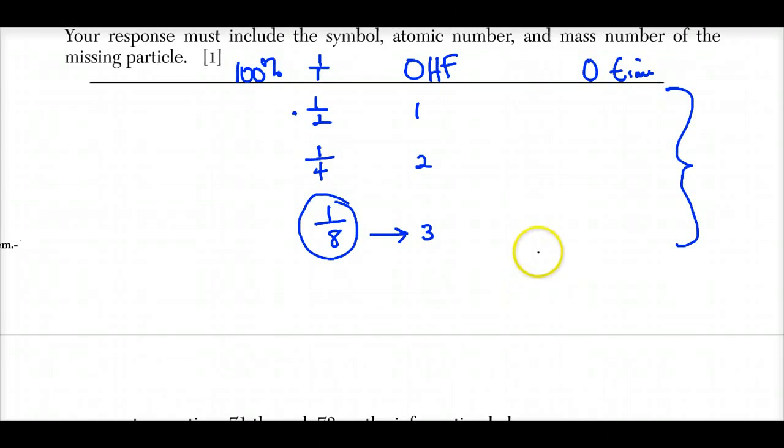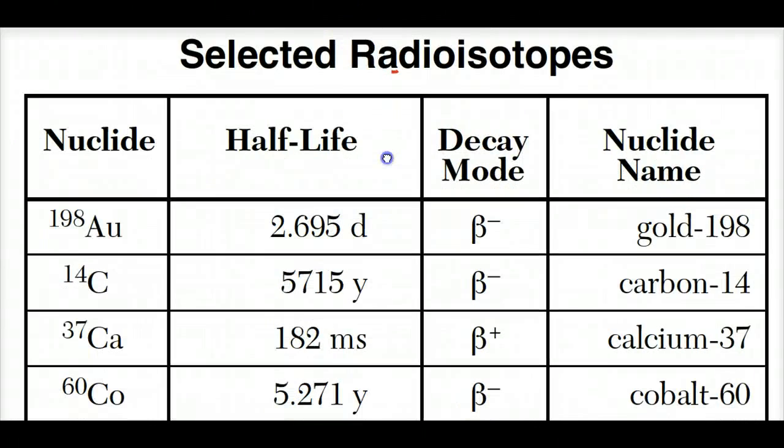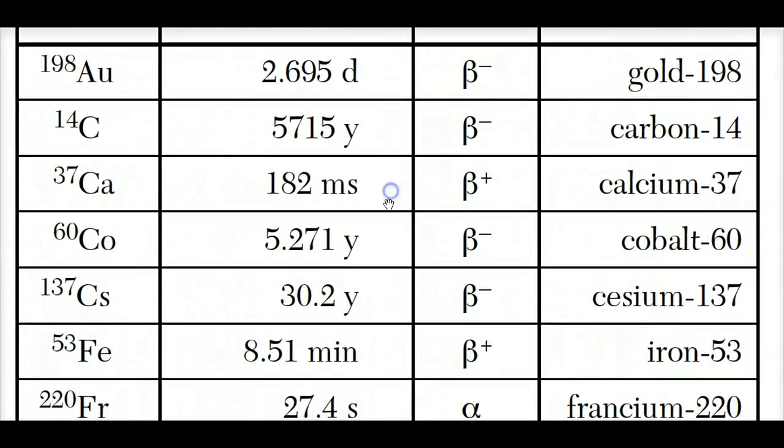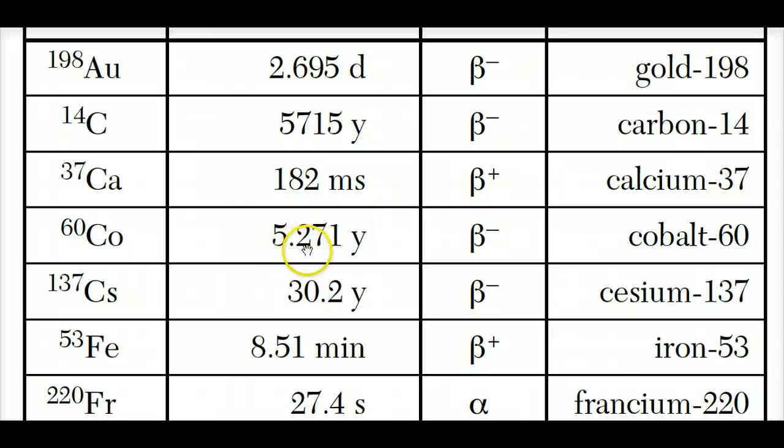Now, they want the total time it took for this sample to go to 1/8 of its original. So I need to know the half-life. I looked at Table N for cobalt-60, and there I go. Cobalt-60 has a half-life of 5.271 years. Okay, let's go back to the problem.